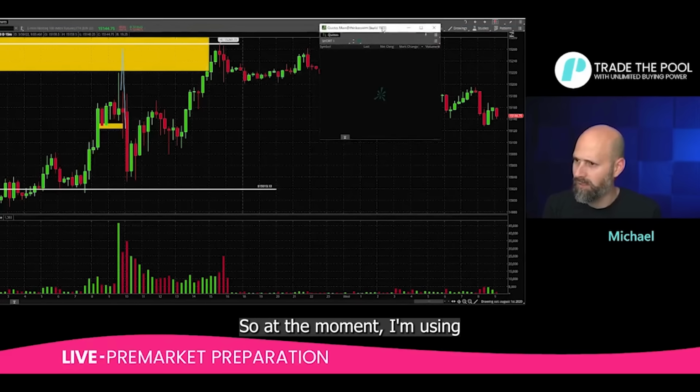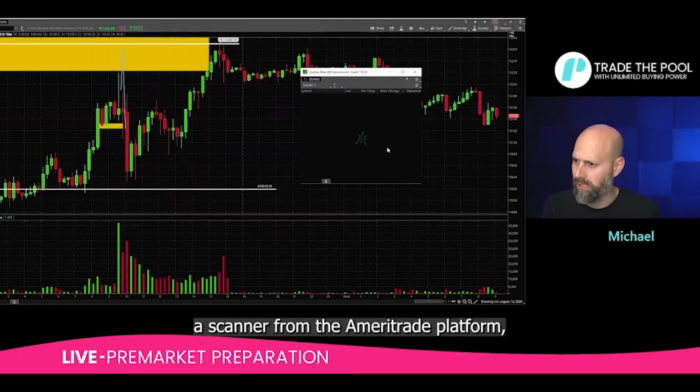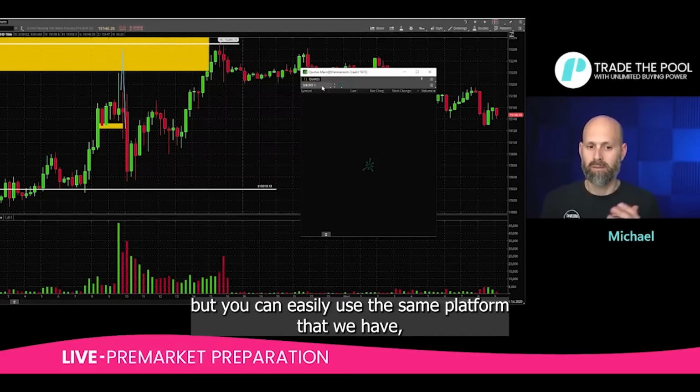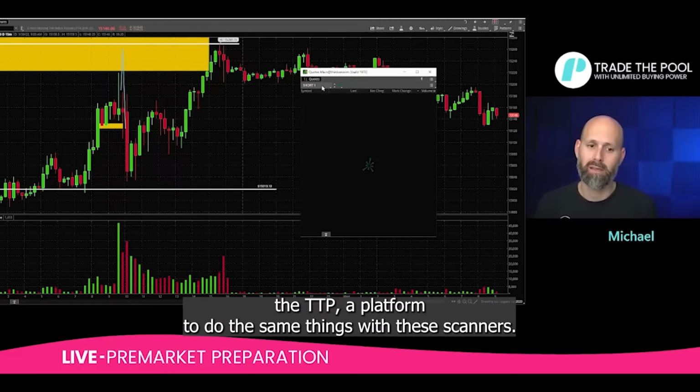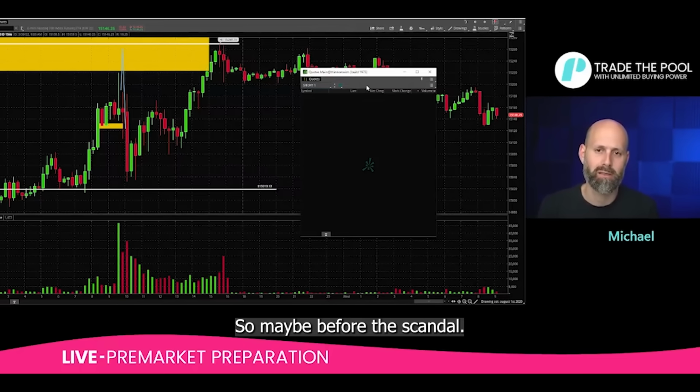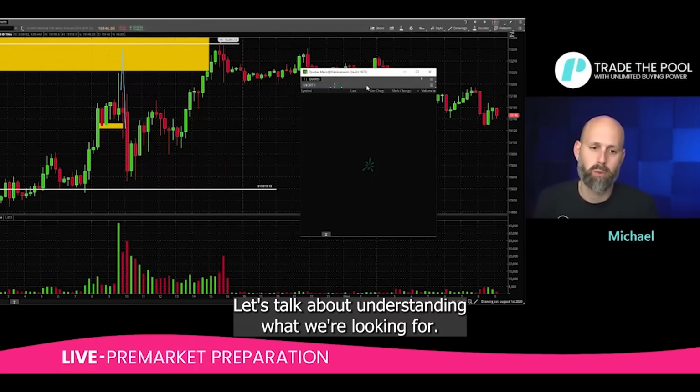At the moment, I'm using a scanner from the TD Ameritrade platform, but you can easily use the platform that we have, the TTP platform, to do the same things with the scanners. So maybe before the scanner, let's talk about understanding what we are looking for.